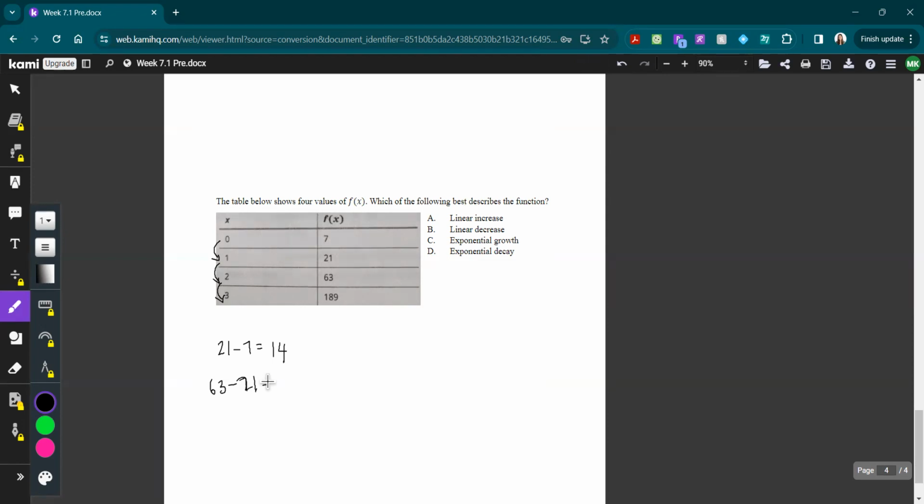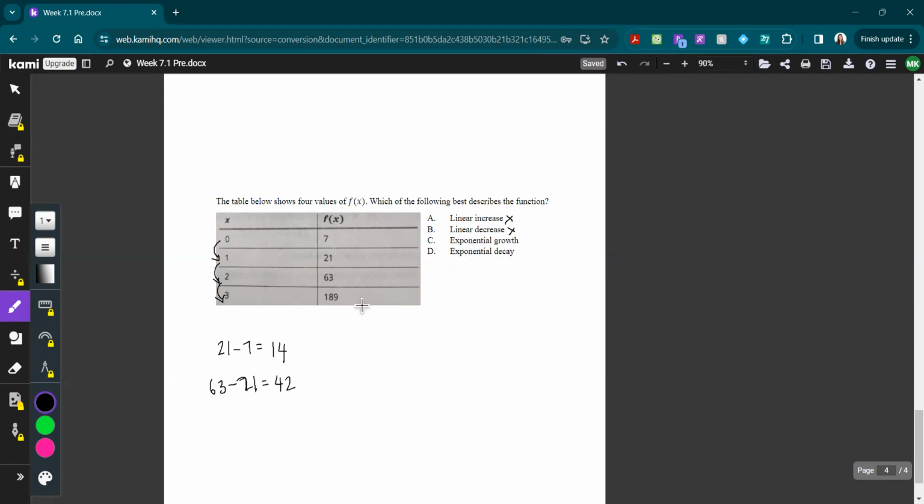Same thing when finding the ratio: 21 divided by 7, 63 divided by 21. From here, this is a difference of 42, so it's not the same difference. So it's not linear at all. Now it's between exponential growth and exponential decay.